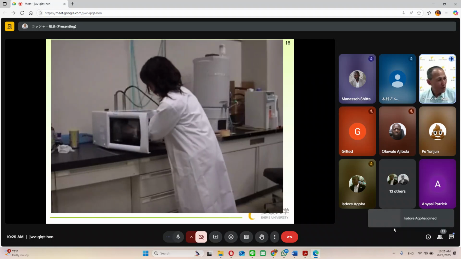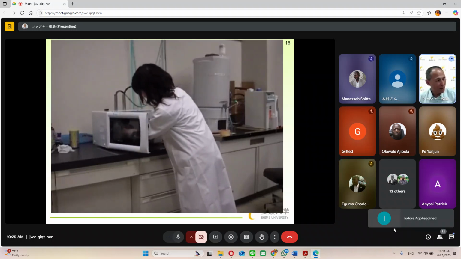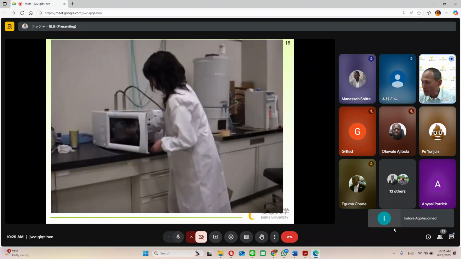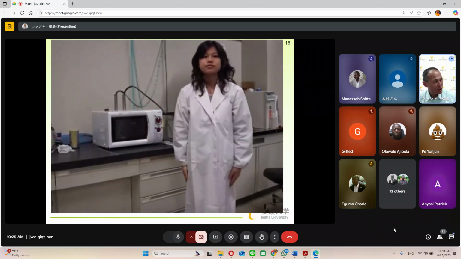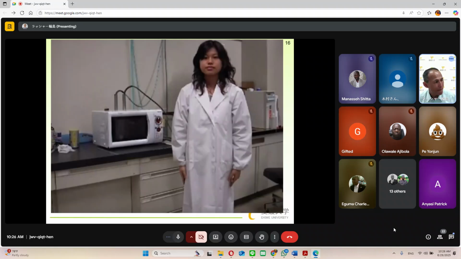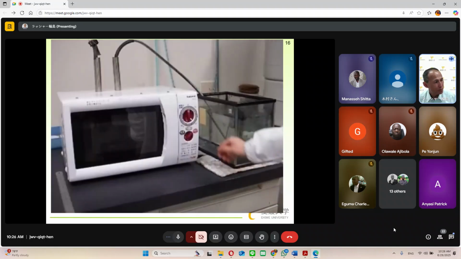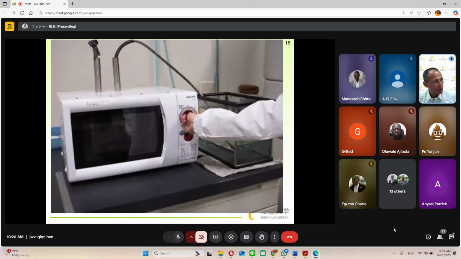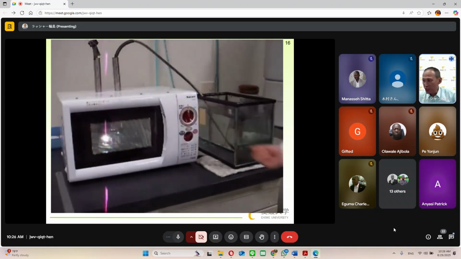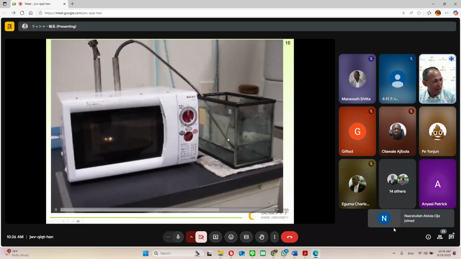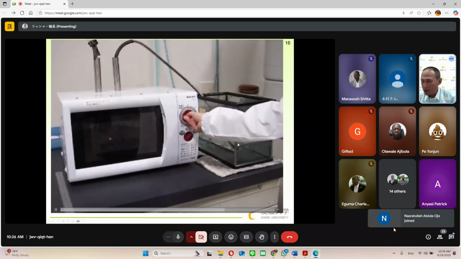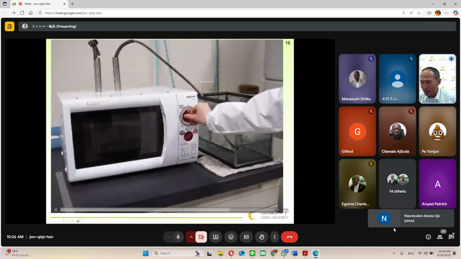Put it inside the microwave oven and turn on the switch. Plasma is generated inside the microwave oven, like this. And gas occurs. This gas is hydrogen gas.